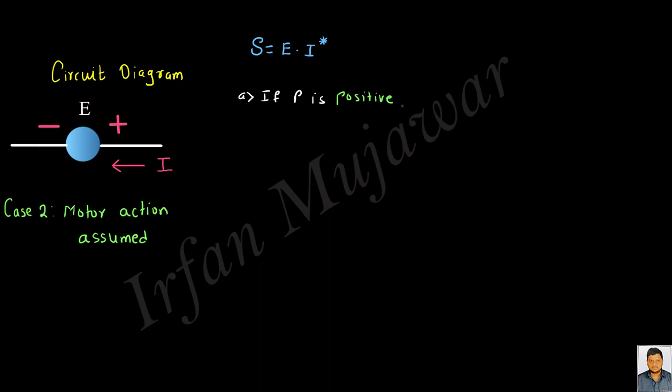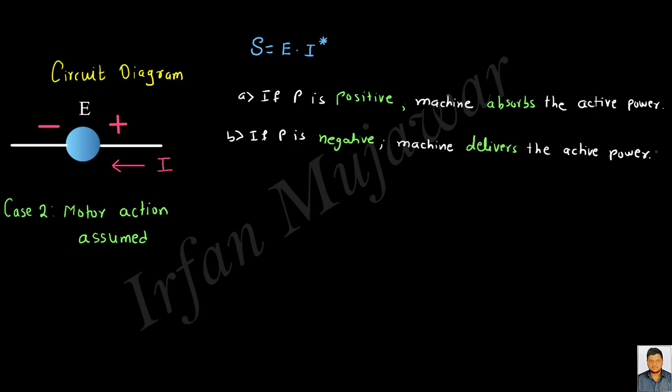So if P is positive, we can say it absorbs the power. And if P is negative, then it is obvious that it is not absorbing the power. As per our convention, we are assuming that it is absorbing, but if we are getting negative, so if P is negative, then the machine is delivering the power. Similar statement we can write for reactive power.